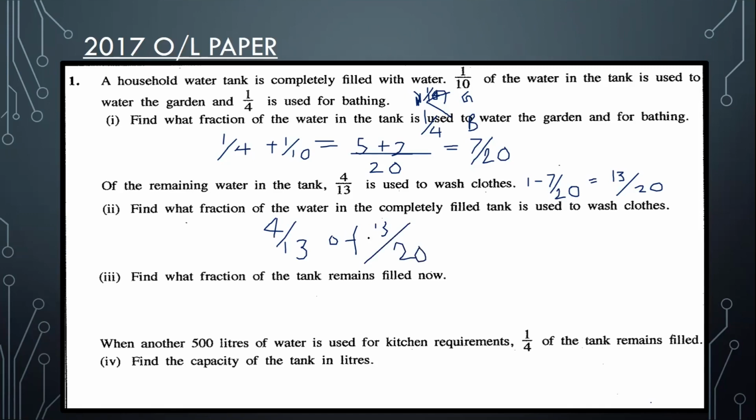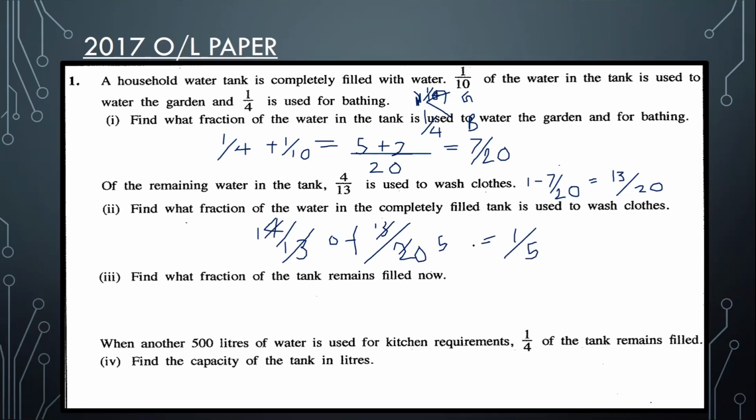Consider this as your multiplication mark. You can cancel 13 and 13 off, and then 4 1 times, and in 20 you have 5 times. So that means the answer is 1/5. Okay. So find what fraction of the tank remains now.